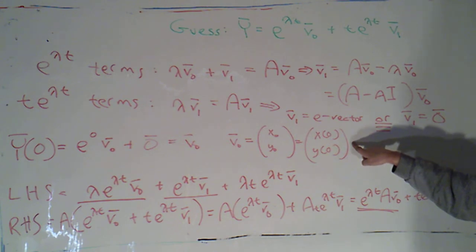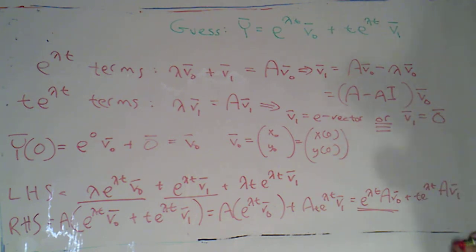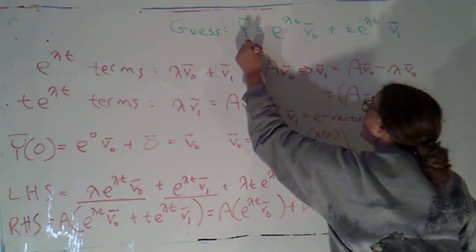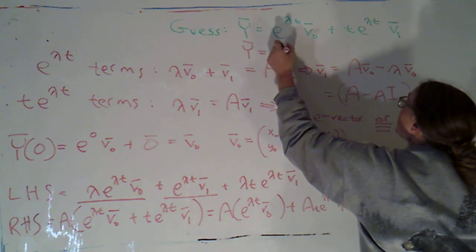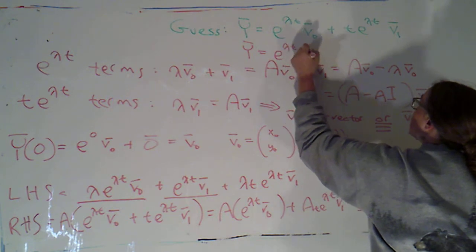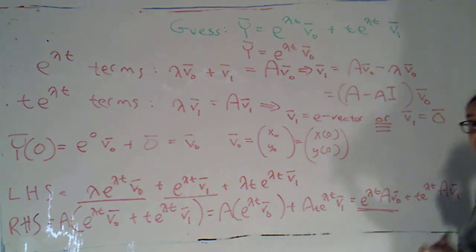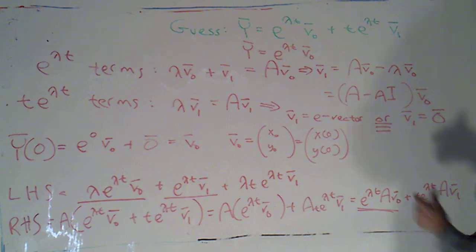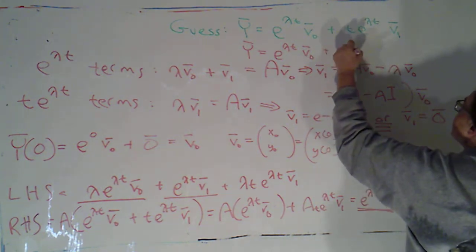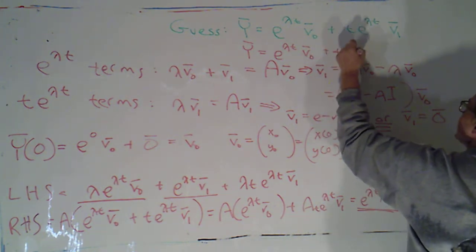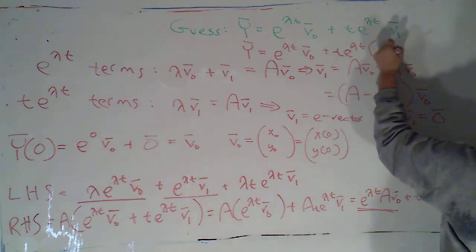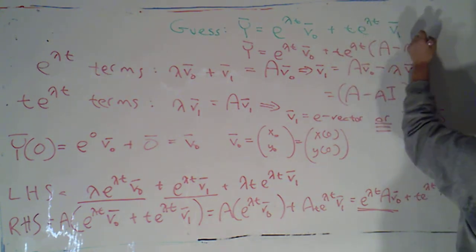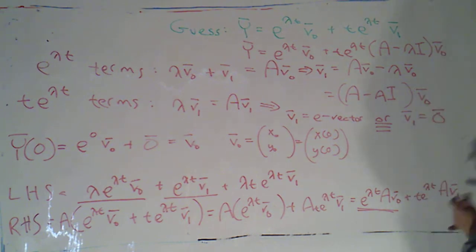Kind of cool. Okay. So I can now modify my guess just a little bit to say that I'm thinking that the general solution will be of this form. E to the lambda t times v naught, where v naught is the vector corresponding to the initial condition, plus t e to the lambda t times a minus lambda I v naught, because that's what we said that our v1 was supposed to be.